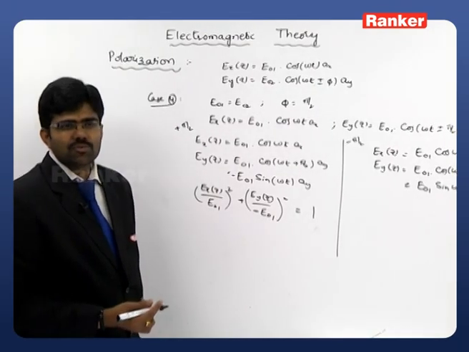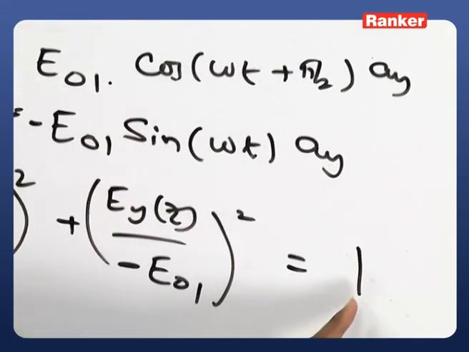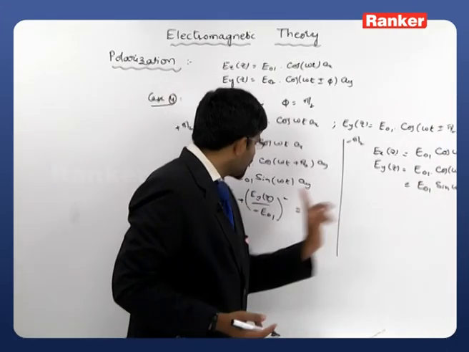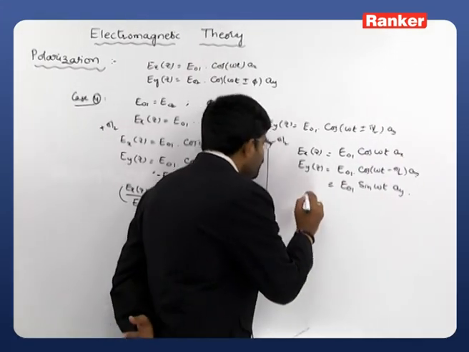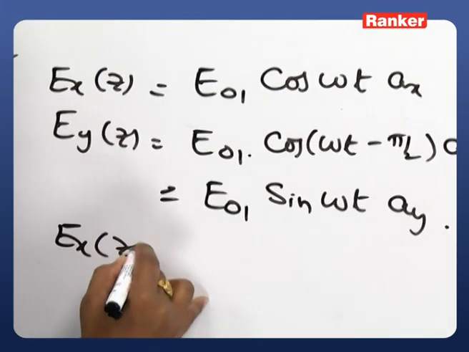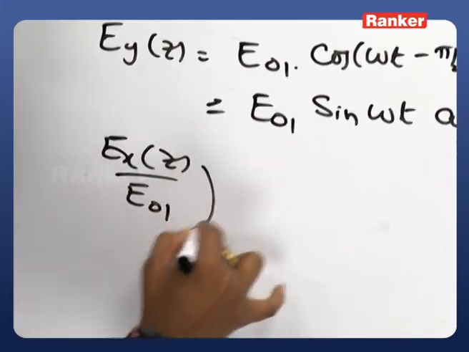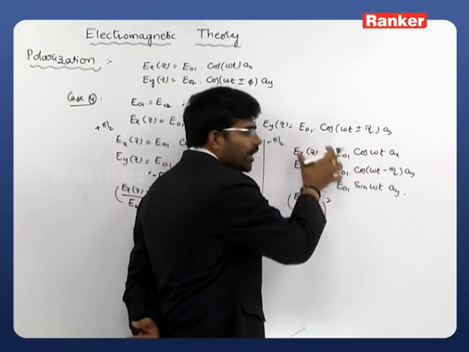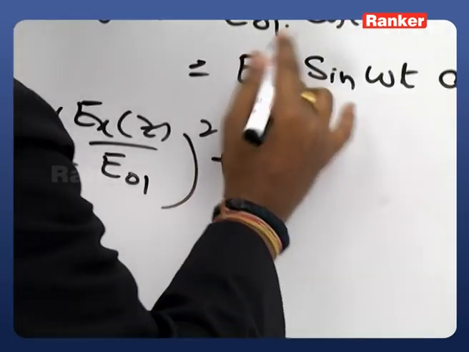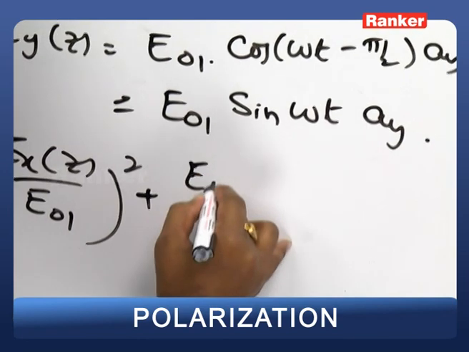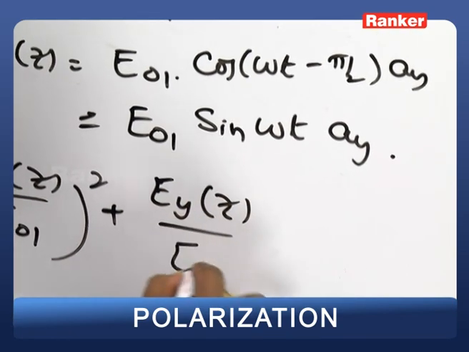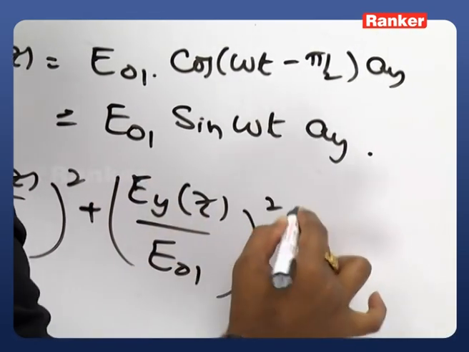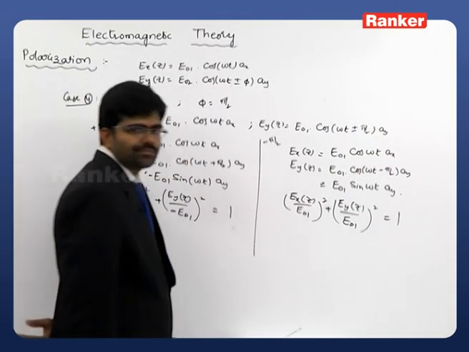Cos square omega t plus sin square omega t is equal to 1. And here similarly, write down the same type of equation: Ex of z divided by E01 whole square is cos square omega t, plus sin square omega t, that is Ey of z divided by E01 whole square, which is equal to 1.